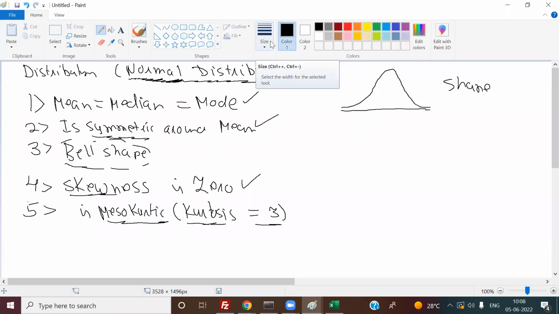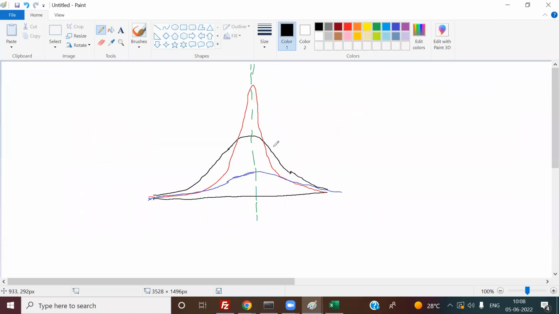But if I talk only based upon these 4 properties, can I say these 4 properties are fulfilled in all the 3 graphs? Yes. Right. But not all the 3 graphs are normal distribution.